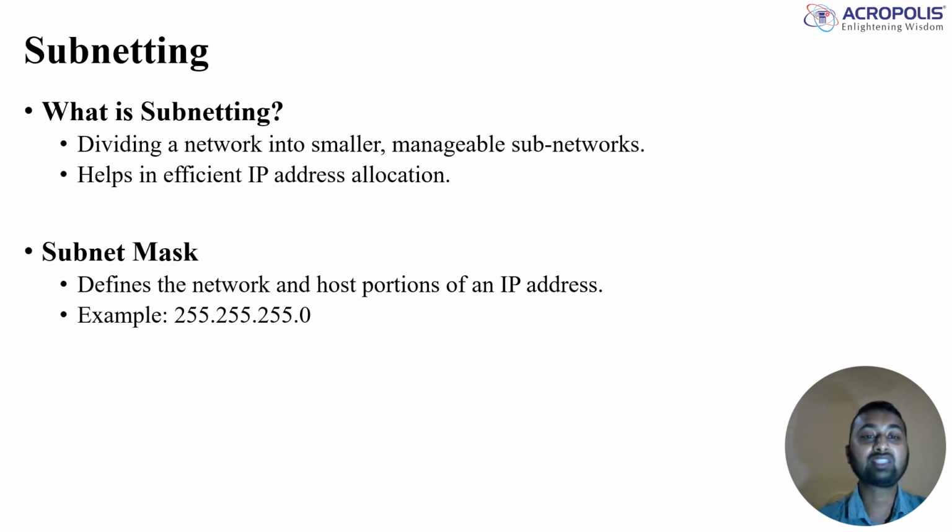By applying a subnet mask, the IP is divided into parts. 192.168.1 is the network ID, and for hosts we use 0 to 255.